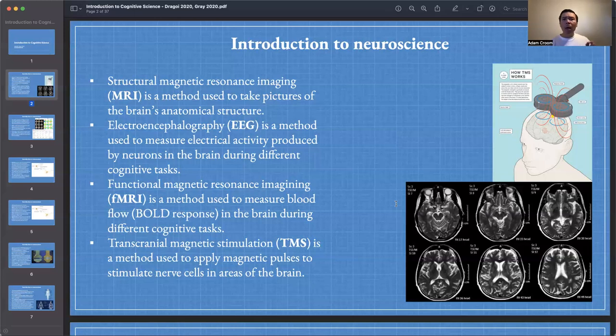Whereas fMRI would look for blood flow and a BOLD response while engaging in that task, EEG is going to look for electrical activity from the neurons. And neurons are nerve cells, which we'll discuss in subsequent slides.